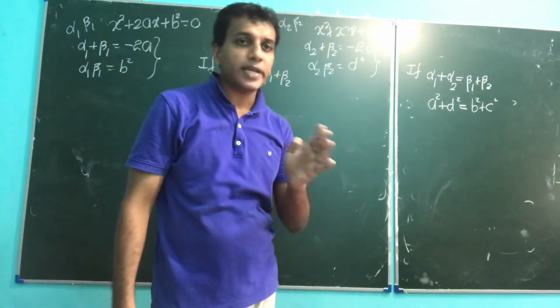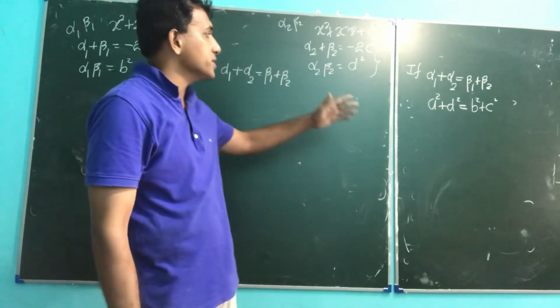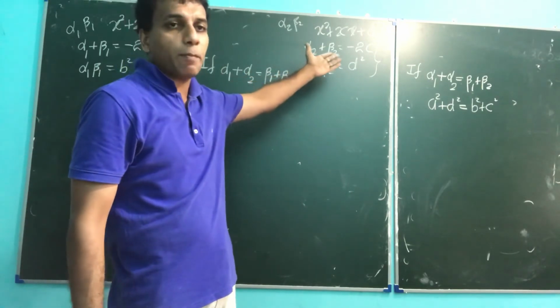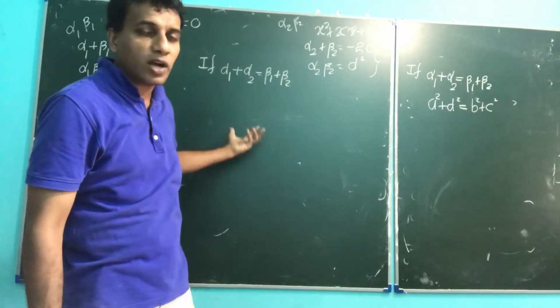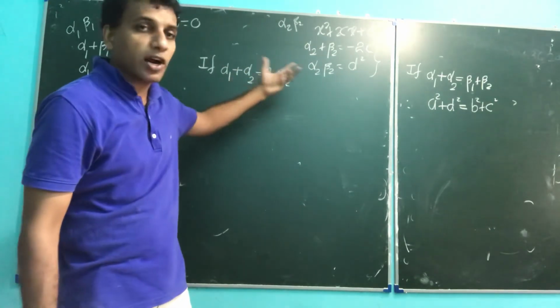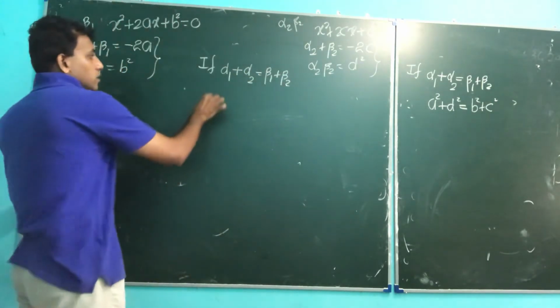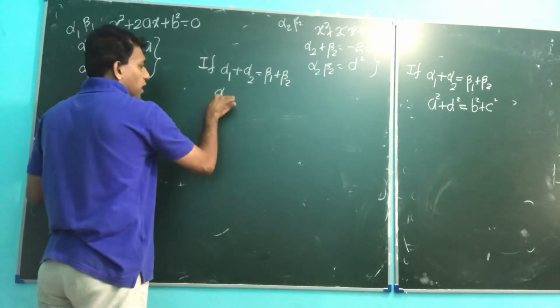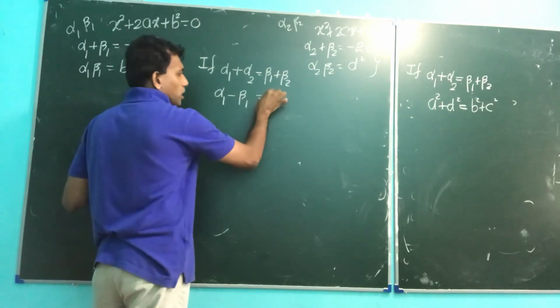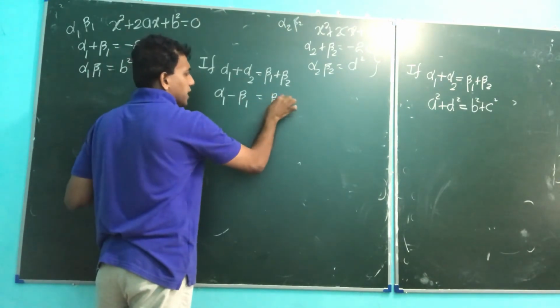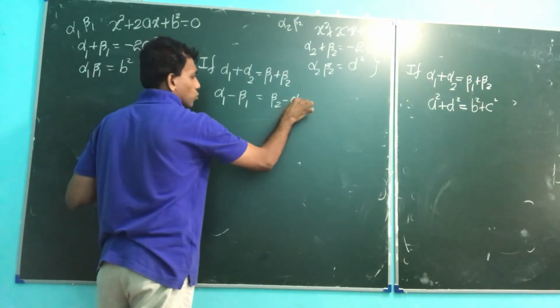Alpha and beta on one side, then only we have the summation and the product. Therefore take beta 1 to one side and alpha 2 to the other side, right? So alpha 1 minus beta 1 equals beta 2 minus alpha 2.